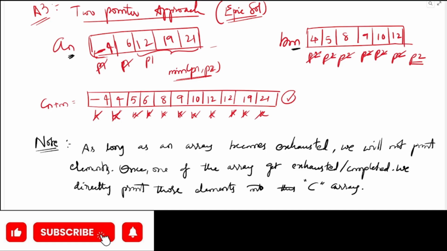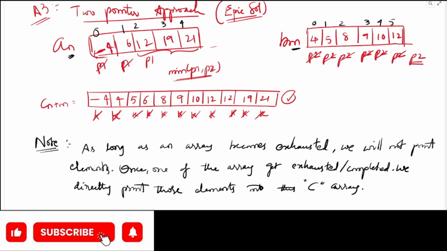First, we slowly sequentially compare the minimum elements of each and every index. So zeroth index, first index, second index, third index, fourth index. 0, 1, 2, 3, 4, and 5.